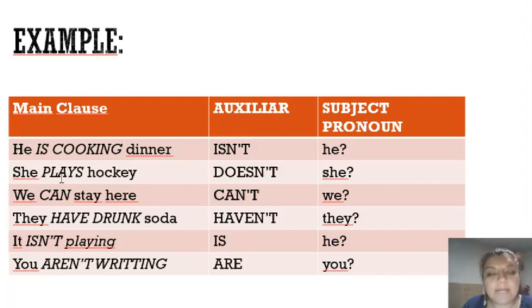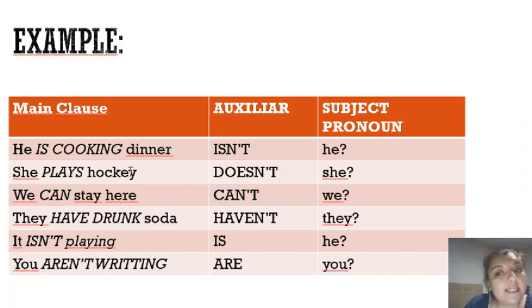Then, she plays. Okay, remember, what tense is plays? We have A, present simple, B, present continuous, or C, past simple. A, B, or C. Okay, we got A, present simple. In present simple, remember, we have already our auxiliaries do or does.